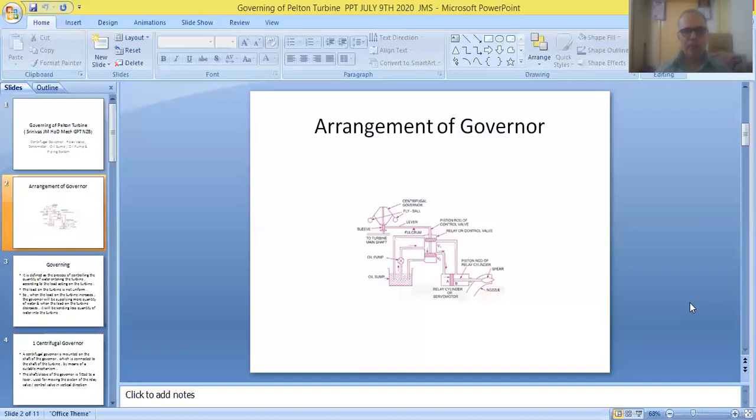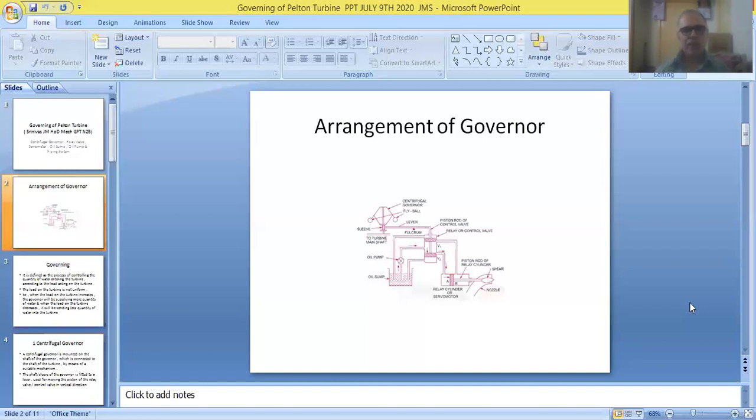Therefore, this reservoir is ultimately used for sending oil into the servomotor and also for receiving the entire quantity of oil coming back from the servomotor. So this is the main purpose of this reservoir, referred to as oil sump. Also, it is called oil reservoir.